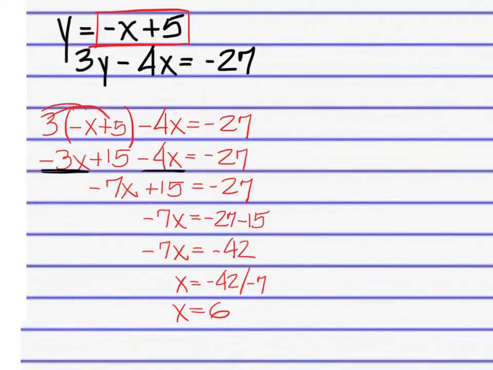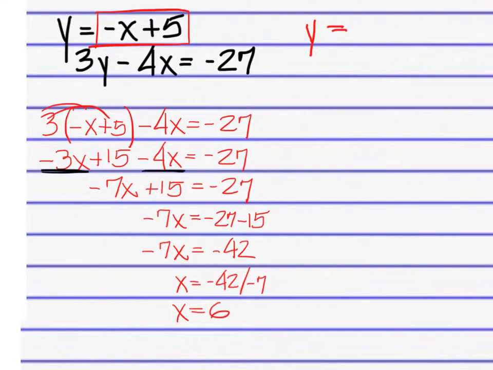So you've solved for x, and now you need y. You can plug that 6 into either of the 2 equations in black that we started with. Use the easiest one, and that one is going to be y equals negative x plus 5. X is 6.